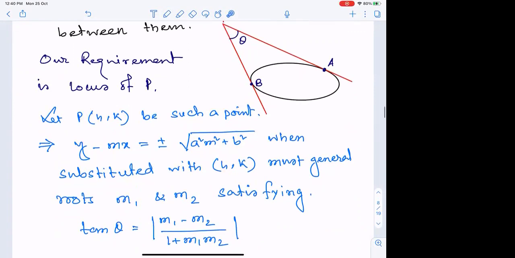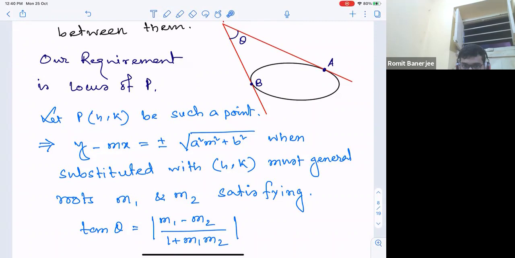So tan theta will be modulus of m1 minus m2 by 1 plus m1 m2, what we just now discussed. So is the analysis clear and acceptable for everyone? Yes, sir.